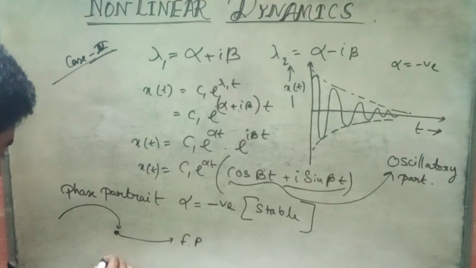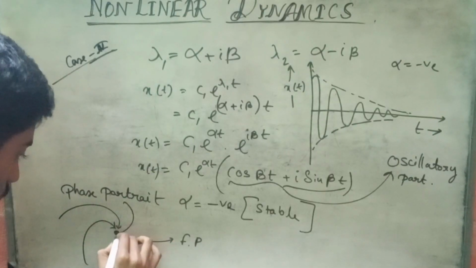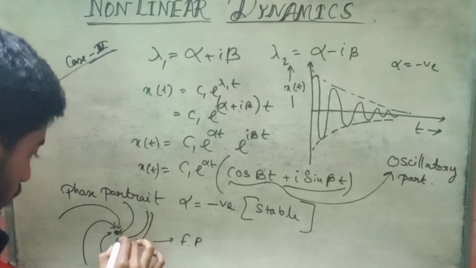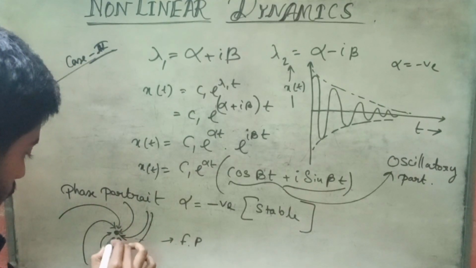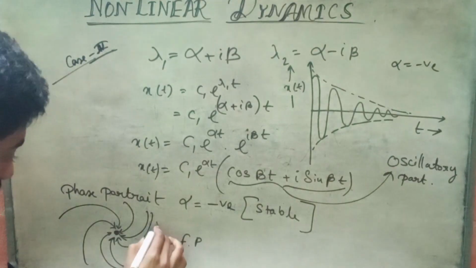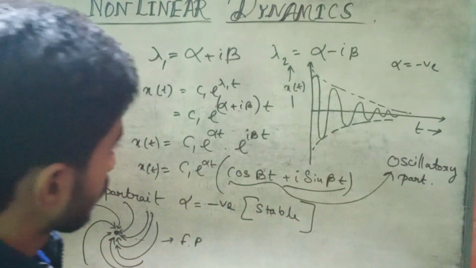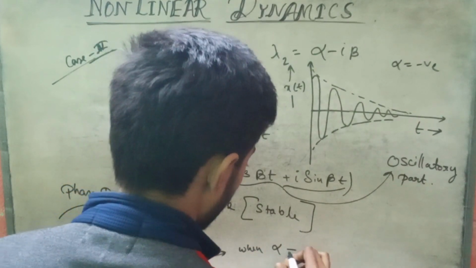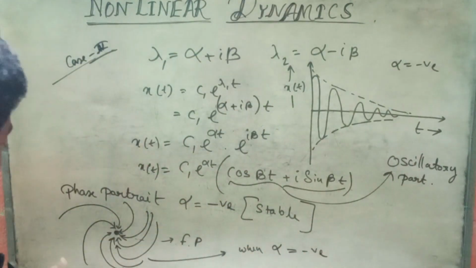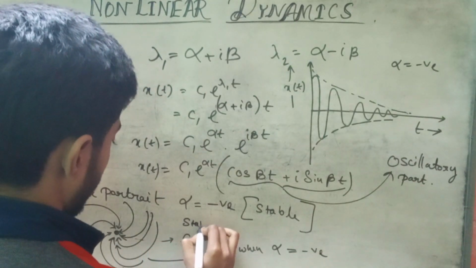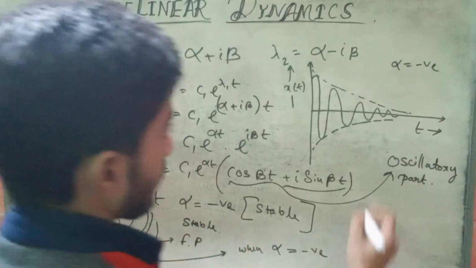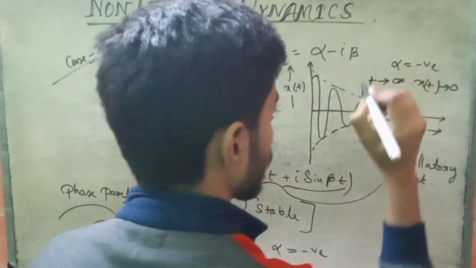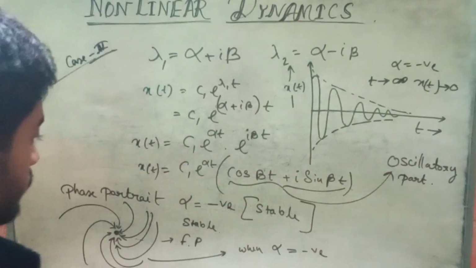All system trajectories are moving towards the fixed point. So when alpha is negative, it is a stable phase portrait. Why? Because as t tends to infinity, x(t) tends to 0.